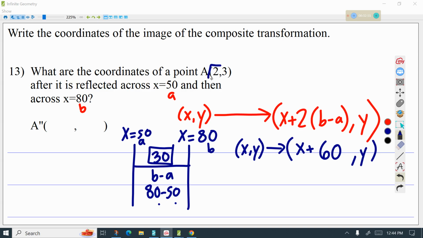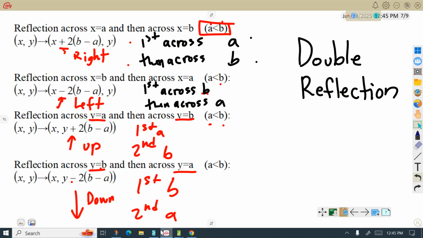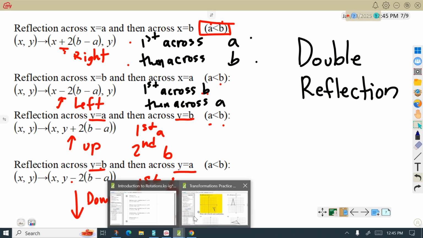What is 2 plus 60? It's 62. The y coordinate can't change. Notice that the y coordinate is the same when we do a double reflection across these vertical lines. So all we have here is 62 and 3. Again, remember that all that matters is the distance between the mirrors. All right, so let's try another one.